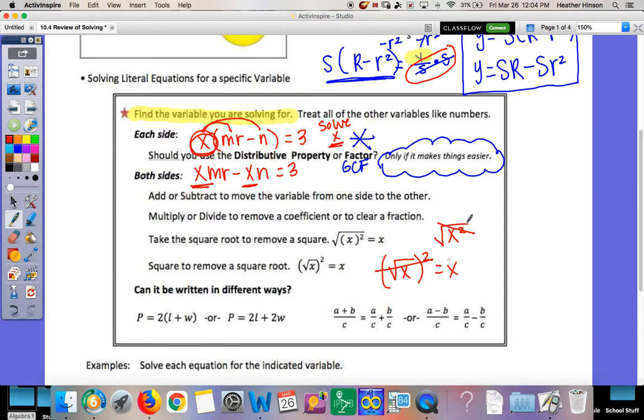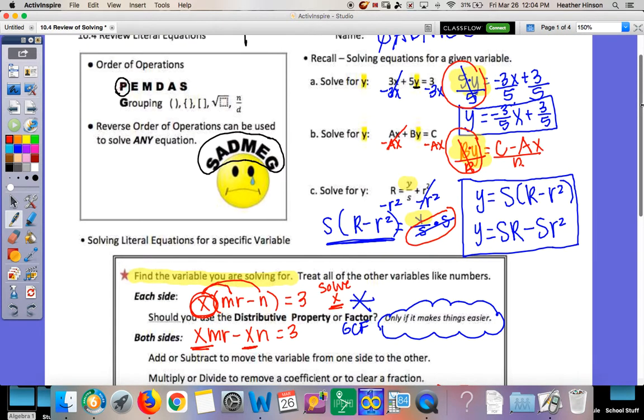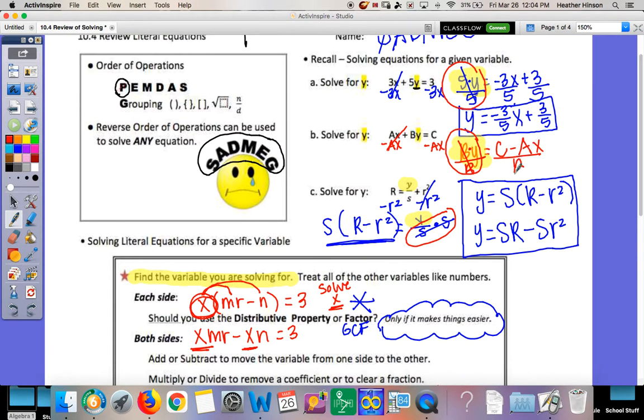And then, can it be written different ways? There are some equations that can be written a lot of different ways, like we saw up here. Sometimes we can leave our fraction as one big fraction, sometimes we can split it up, sometimes we can leave it in parentheses, sometimes we distribute it.